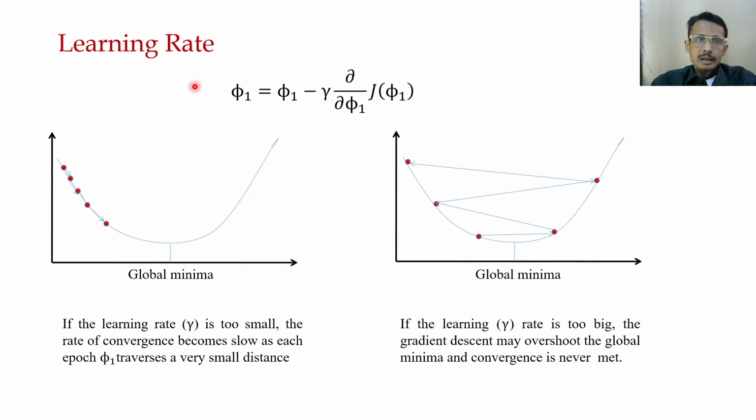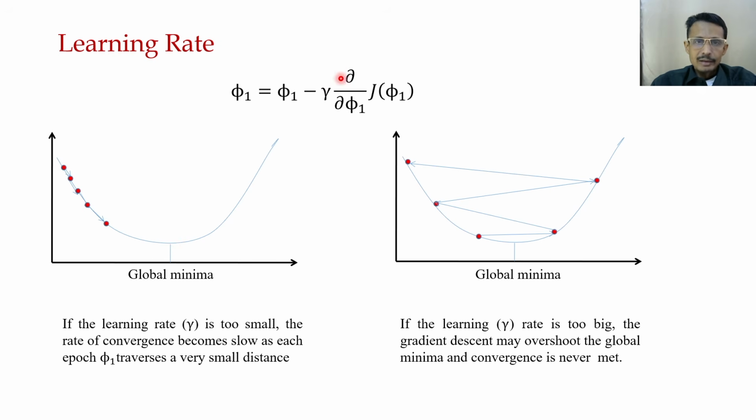Now let's understand the learning rate. As we said earlier, the learning rate is basically how big a step we make on the path of convergence.